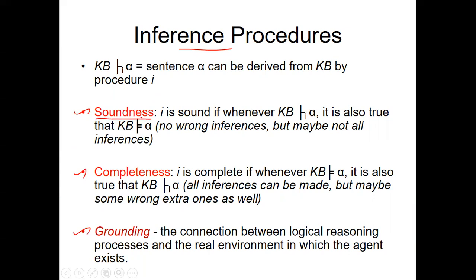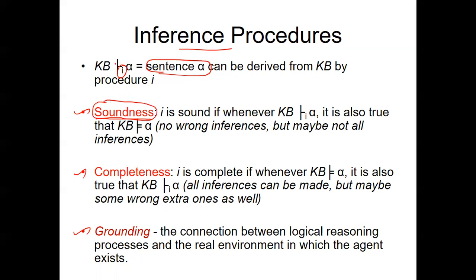What is soundness? Don't read this, just try to understand. Soundness means whatever sentences this inference algorithm derives, all those sentences are true. In that case, the algorithm will be called sound.